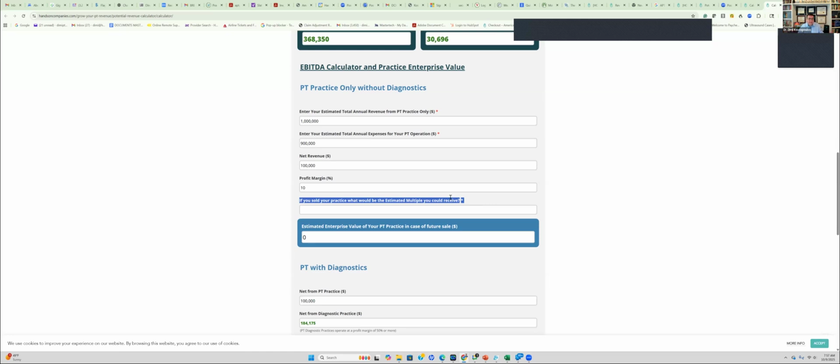What multiple are you going to get? I'm going to use here, just for sample purposes, a multiple of 5. Once you put 5, it shows you immediately the estimated enterprise value of your practice for a future sale. This is if you sold just your physical therapy practice.